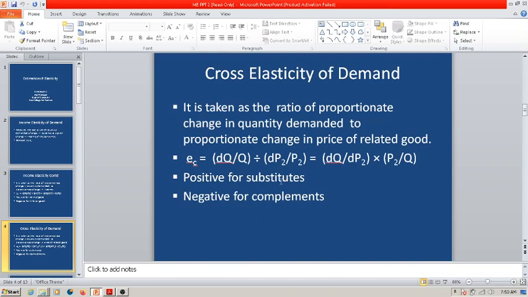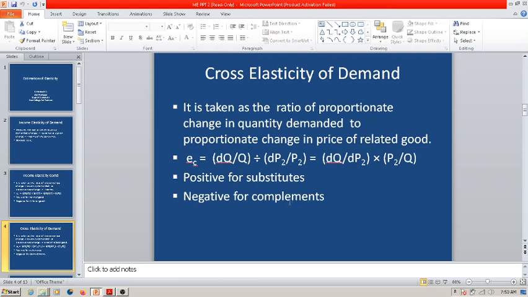The price change and the change in quantity demanded in the other good, both these changes will be in the same direction. If the price of a related commodity increases, the quantity demanded of the commodity will also increase. So, cross elasticity will be positive for substitutes, and in the case of complements, the cross elasticity will be negative. This is because the direction of change of the variables will be different.